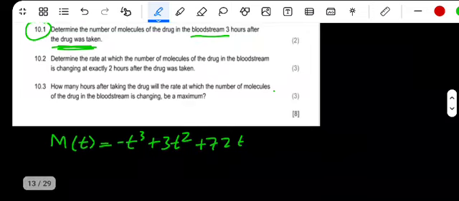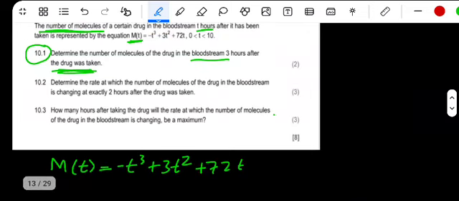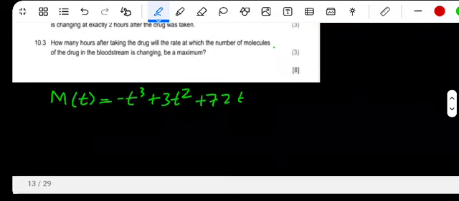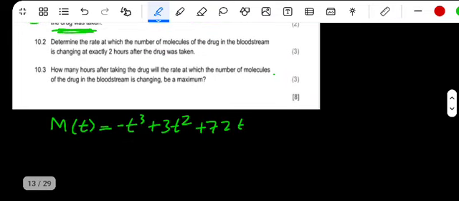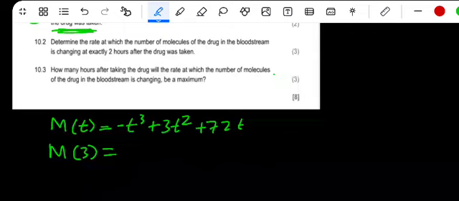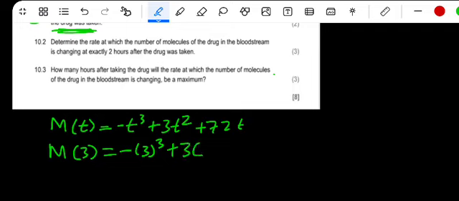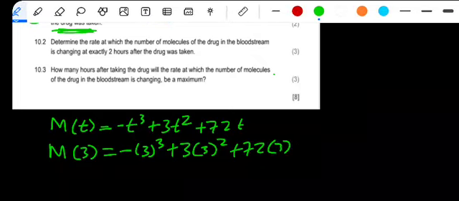If we want the number of molecules in the bloodstream 3 hours after the drug was taken, we replace t with 3. If we substitute 3 there, we have -3 cubed plus 3 times 3 squared plus 72 times 3. When you see t, you replace it with 3, because it is the time.